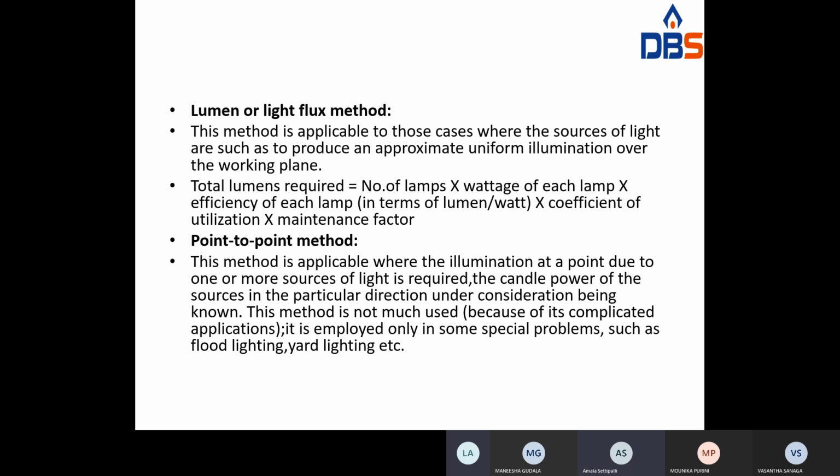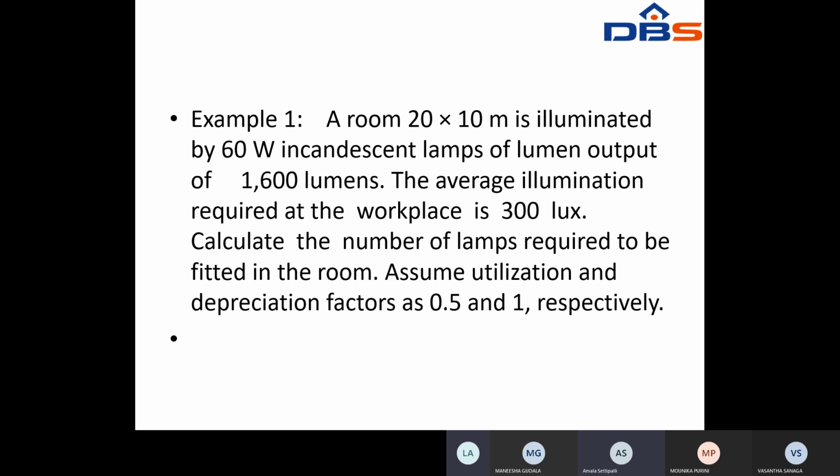So next one is the problem. In the problem, you have to note it down in your notebook. A room having dimensions 20 meters length and 10 meters breadth is illuminated by 60 watts incandescent lamps with a lumen output of 1600 lumens.